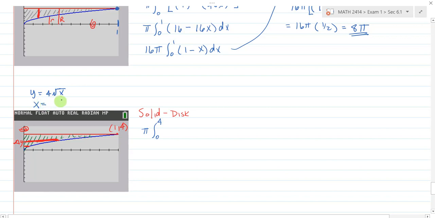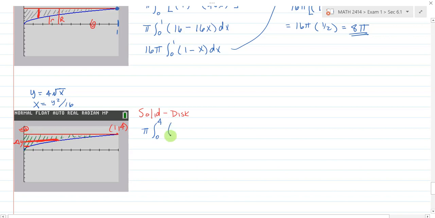I'm going to divide by 4 and then square both sides, so that looks like it's going to be y squared over 16. If you just solve this equation for x, you get x equals y squared over 16. The length of this radius is that distance x, and I write it as a variable expression because it changes as that rectangle slides along these bounds from 0 to 4.